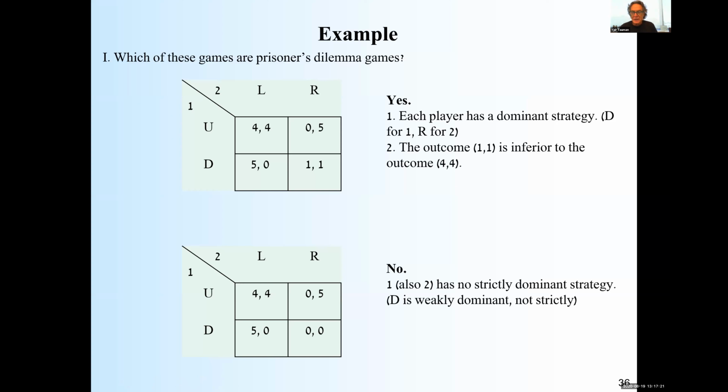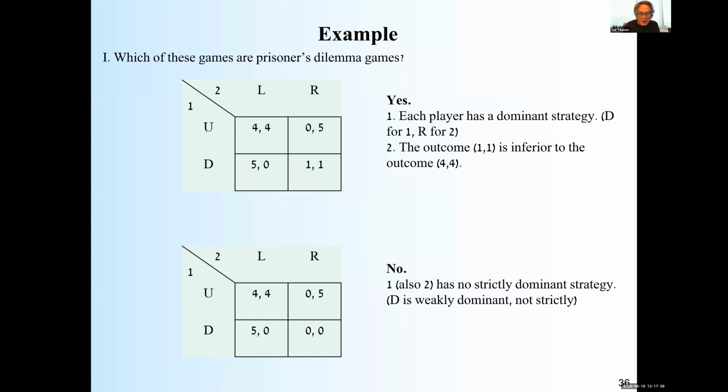Okay, I'm back after a break, and now I want to give you a few examples of the prisoner's dilemma, of games which are prisoner's dilemma games. So which of these games are prisoner's dilemma games? Let's start with the first one.